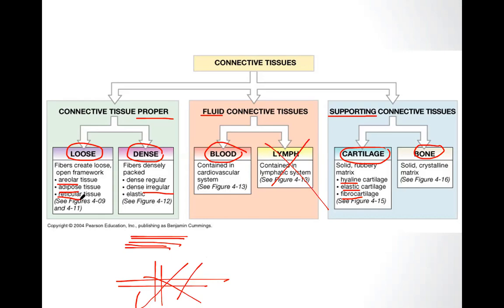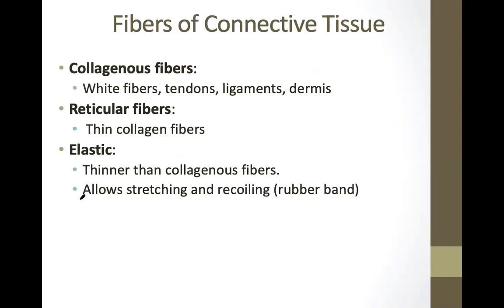So let's do this. What are the protein fibers that we're describing? Protein fibers are what make something either loose connective tissue, dense connective tissue, or even supportive connective tissue. You can have what we identify as collagenous fiber. These are typically found in your tendons, ligaments, and the dermis of your skin.